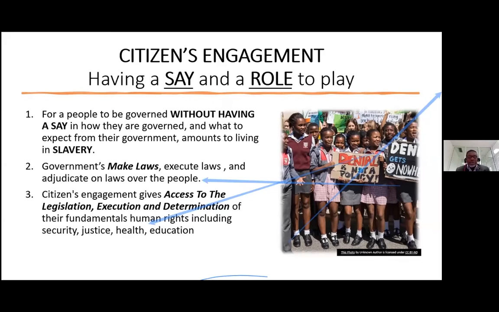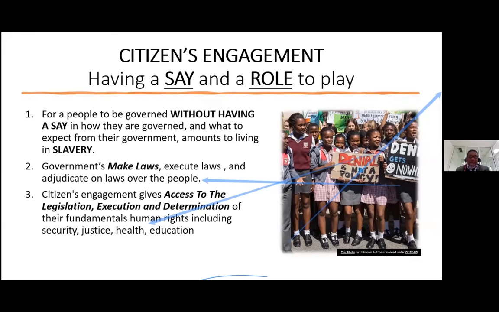And what we say is that, without having a say on how we are governed or what to expect from our government, it amounts to slavery. And it is with this attitude we need to understand that our governments make laws, they execute laws, and they adjudicate on laws. Our concern today is with the legislative arm of the government.